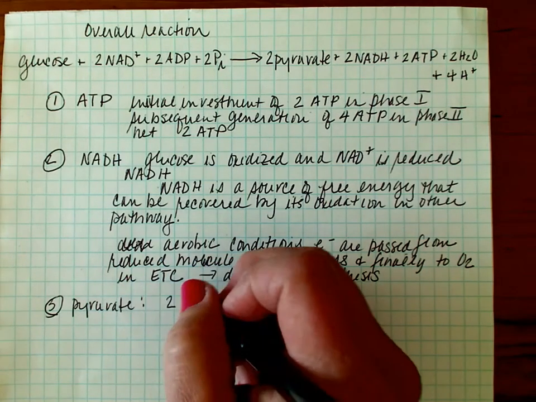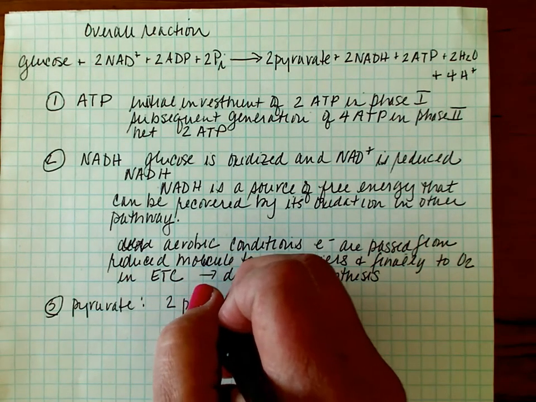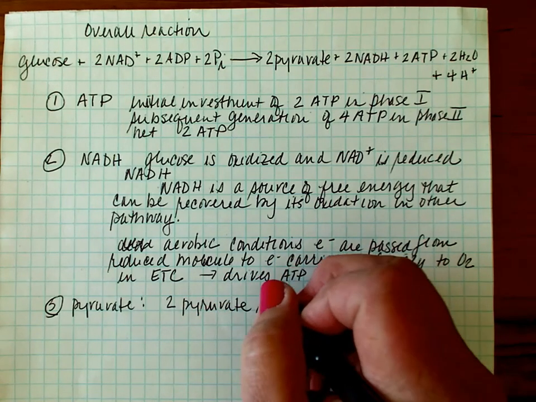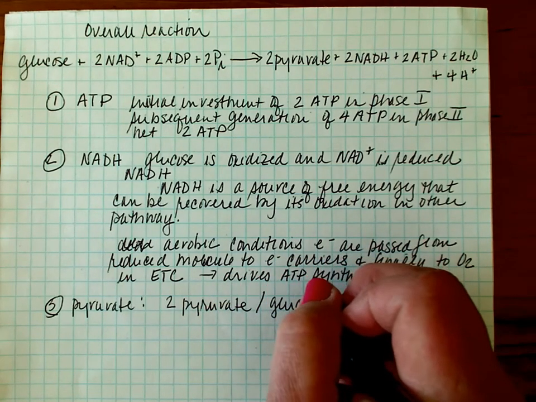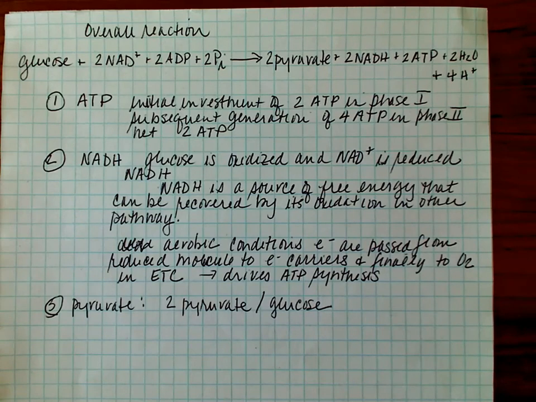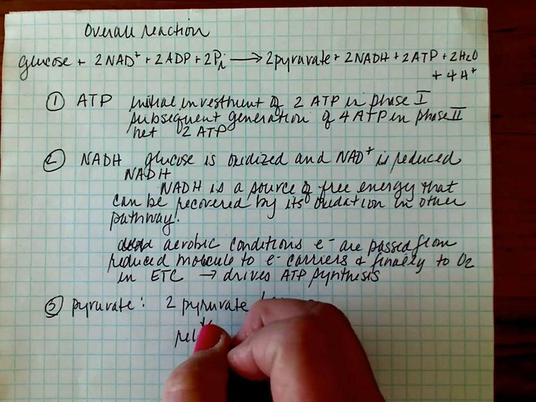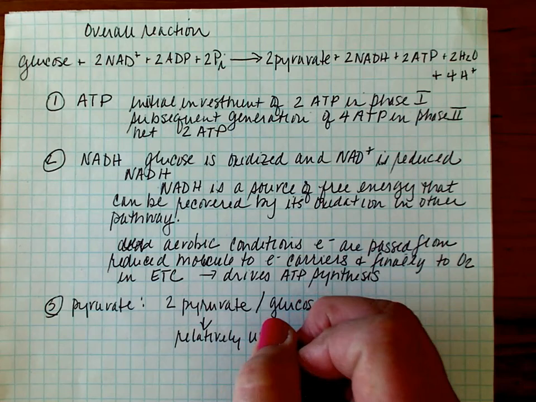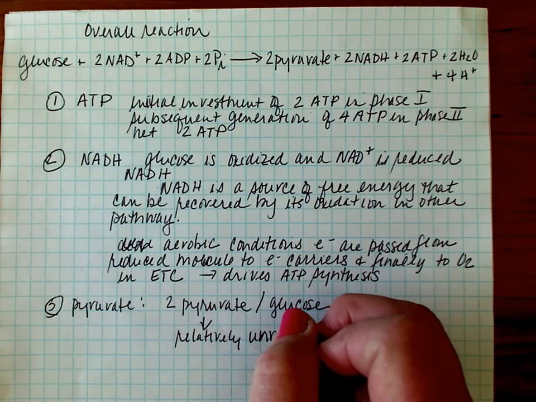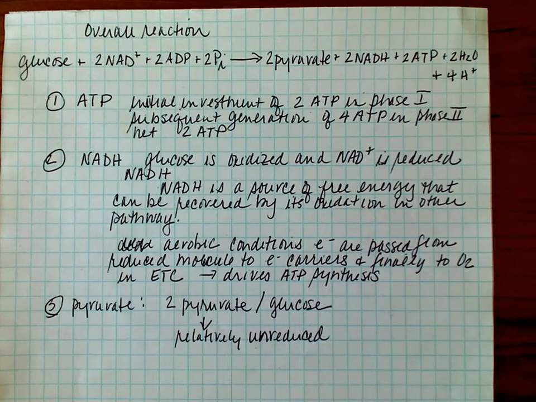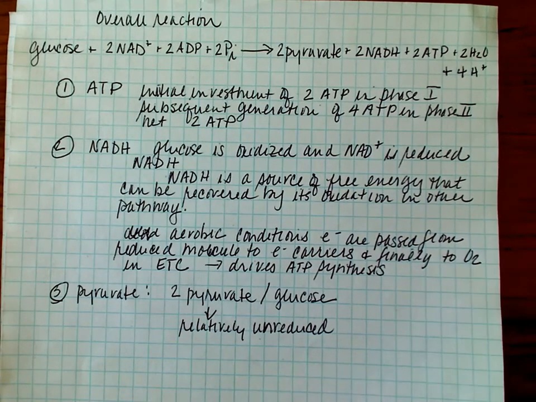And again, we get 2 pyruvate per 1 glucose molecule that is oxidized, or partial oxidation of glucose. These are still relatively unreduced molecules, which means we can get some energy out of them.